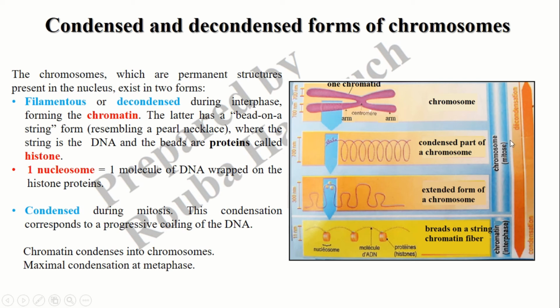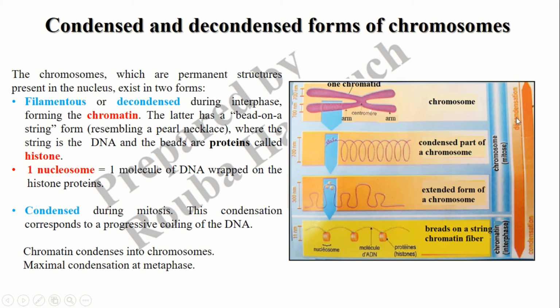This reaction is reversible. The chromatin alternates during the cell cycle between a condensed form to facilitate chromosome separation and segregation during mitosis, and a decondensed form when DNA replicates during interphase.